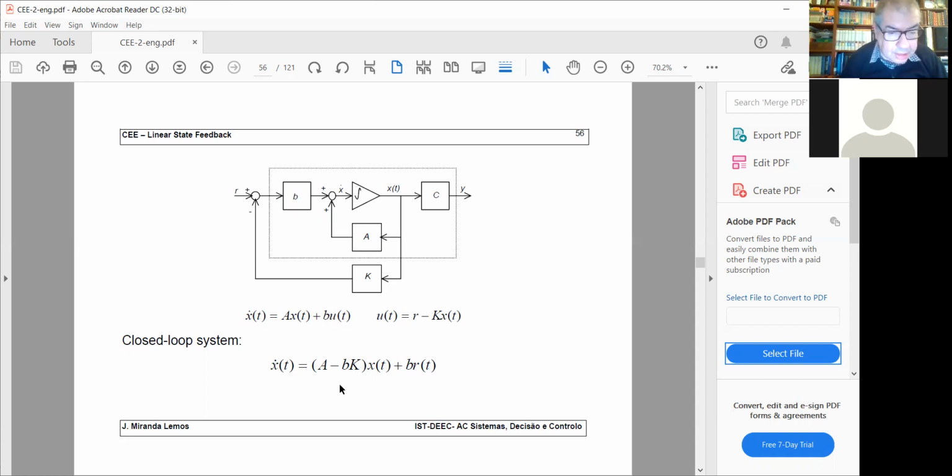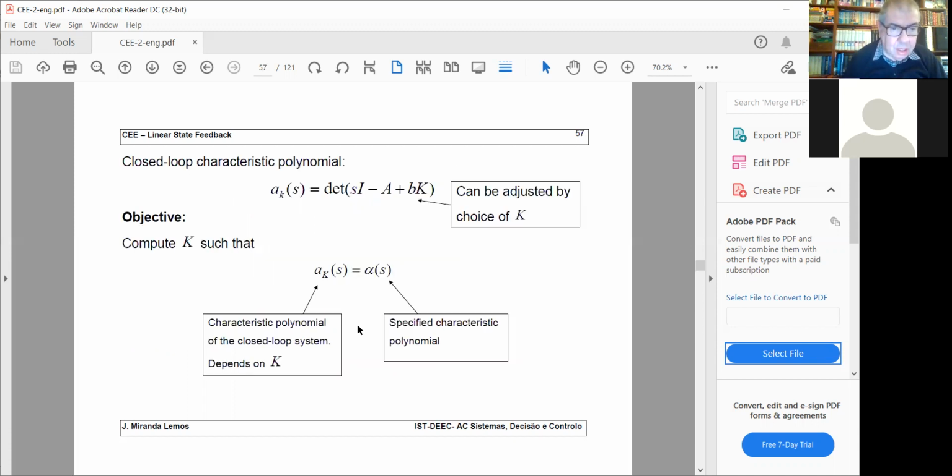What is important is that when you select a value for the vector gain K, you are imposing the poles of the closed loop. And you want to adjust the poles of the closed loop such that these poles are the roots of polynomial alpha that you specified. So you want to solve this equation.